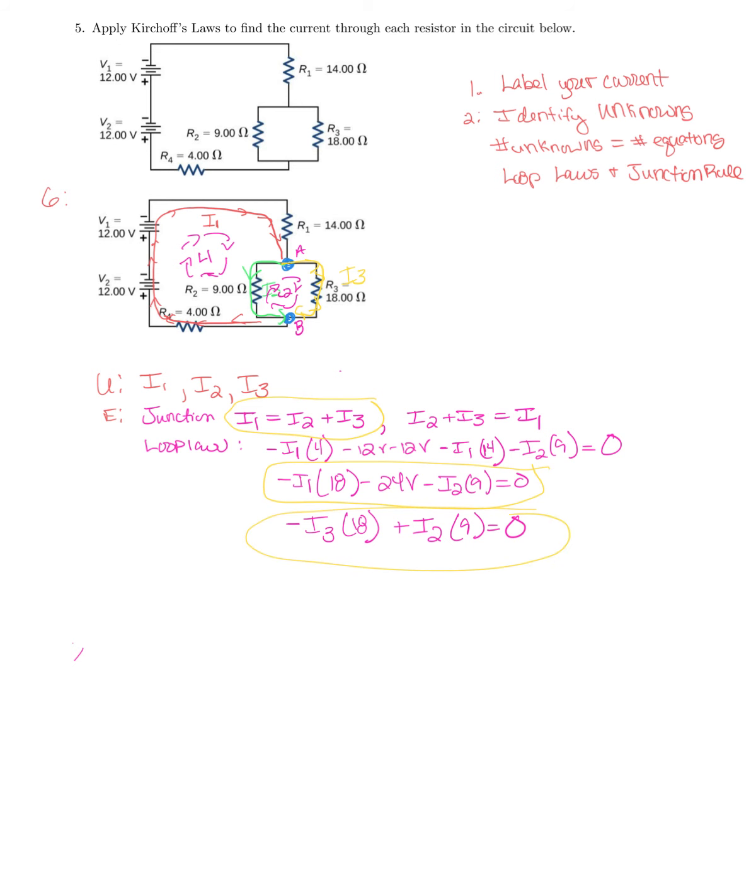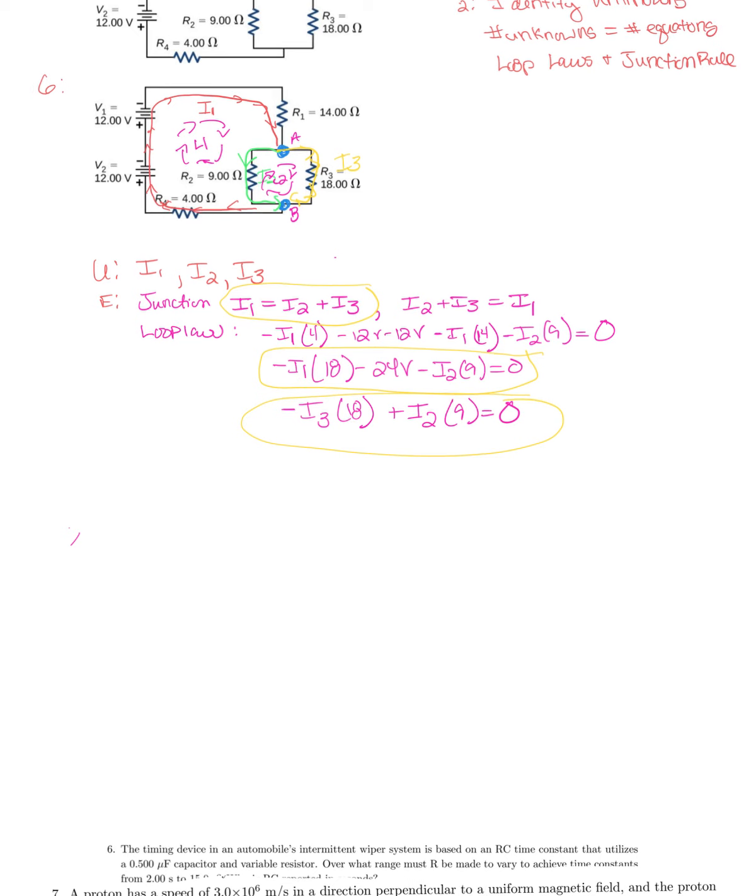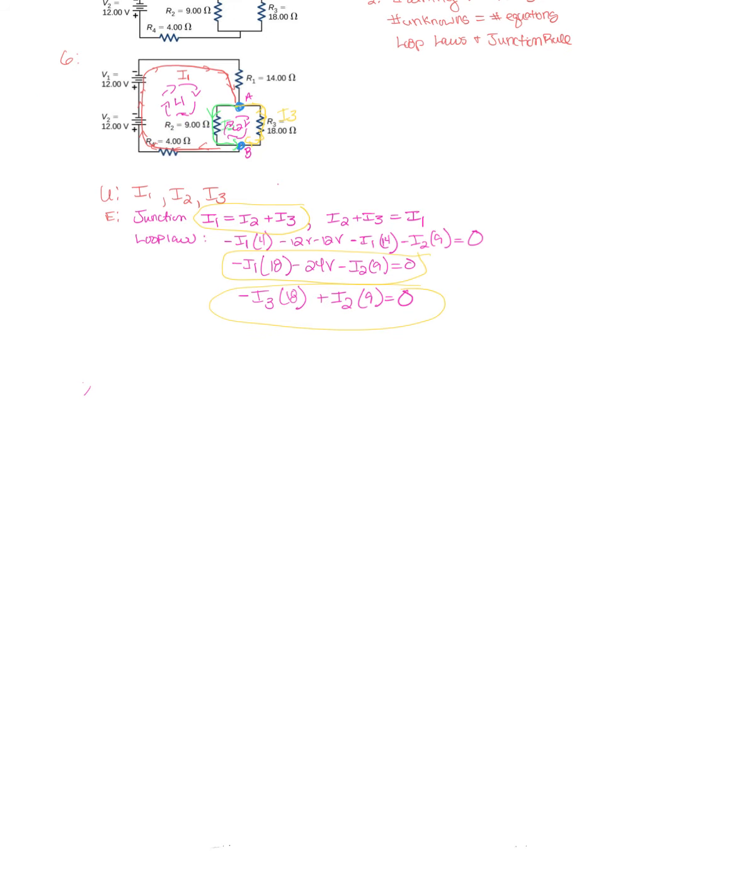Now that we have our equations, I needed to make a little bit more room. We're going to take the equations that we found from using the junction rule and the loop law, and plug them into each other to solve for variables.